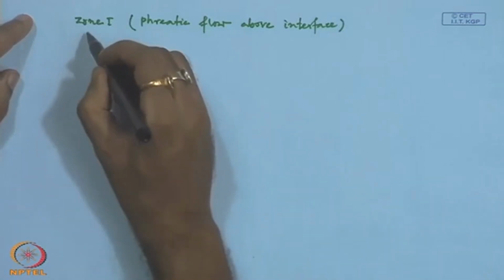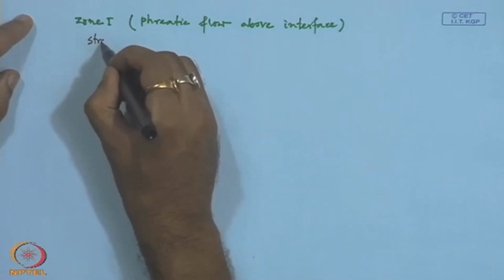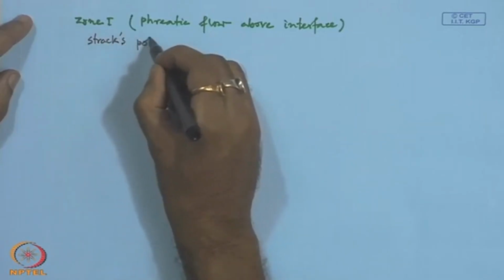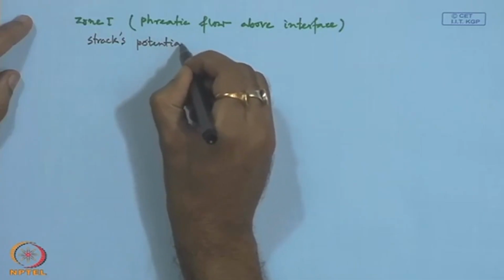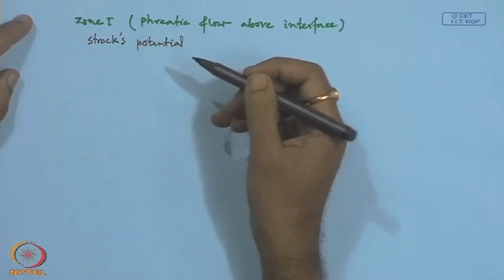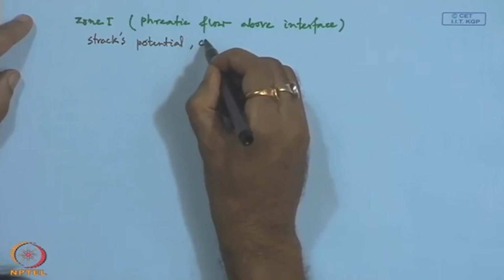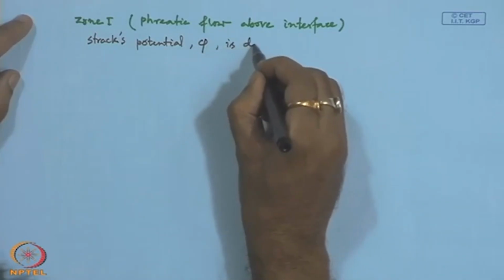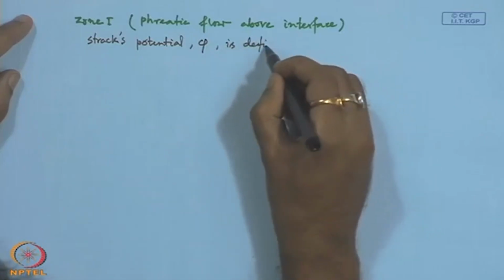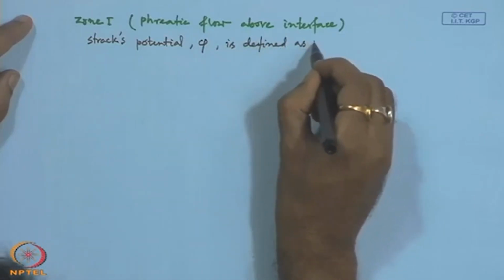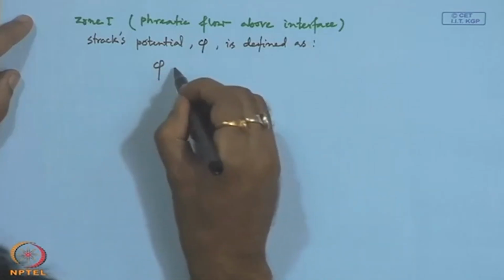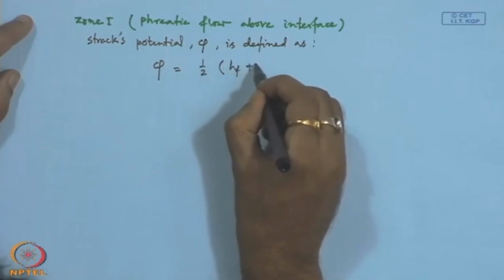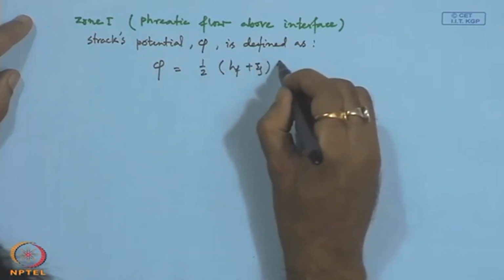In this case, Strack's potential phi is defined as HF plus xi into HF.